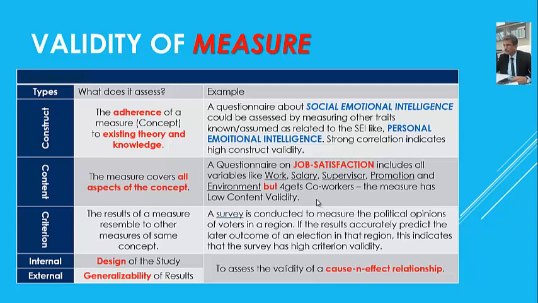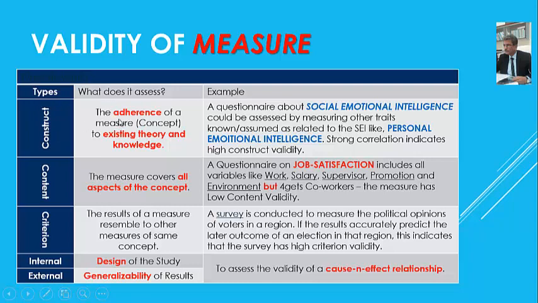We should keep in mind that when we say validity, it means accuracy of the measure, accuracy of the questions and the questionnaire, meaning that whatever data is coming in, whatever answers are collected, are exactly the same thing we were asking for. So now let's start with construct validity.